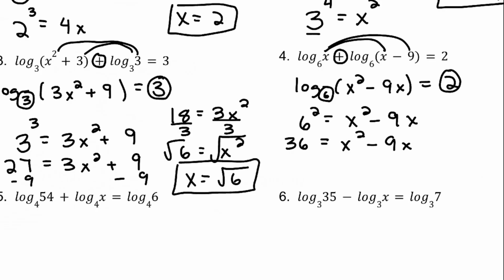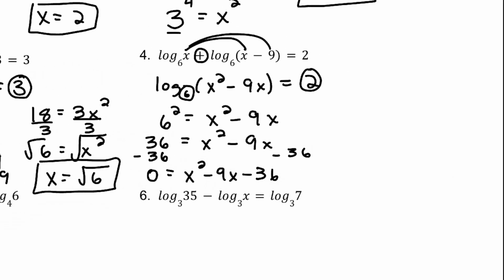This is a quadratic. I want to get it equal to 0, so I'm going to subtract 36 from both sides. And think of numbers that multiply to negative 36 that add to negative, oops, I wrote 9. Negative 36 that add to negative 9. What numbers can I use?